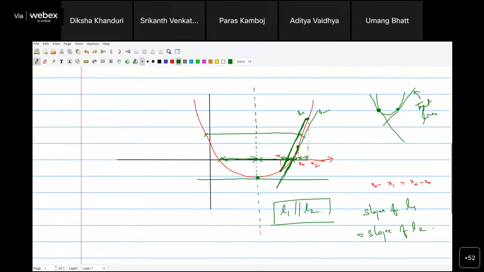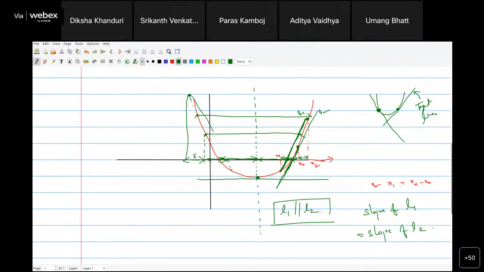So every line will be parallel to the x-axis and parallel to this particular tangent line. And this works for every point. Whatever point you pick, take some 5 units on the left side and 5 units on the right side. 5 units left will be somewhere here, and 5 units right will be somewhere here.